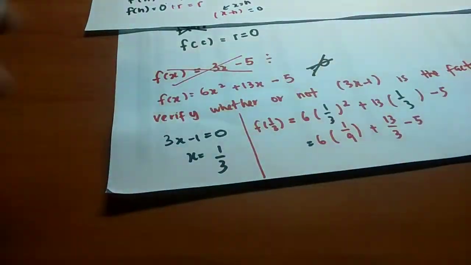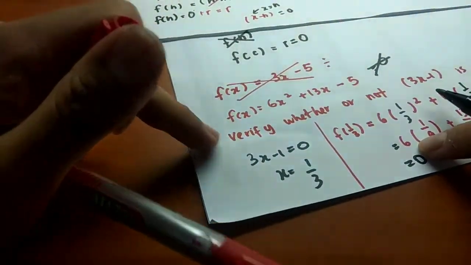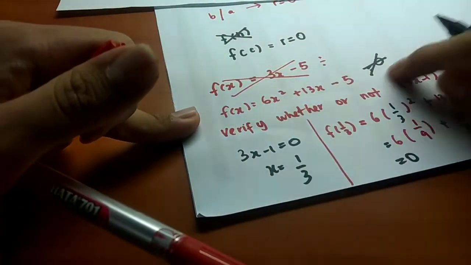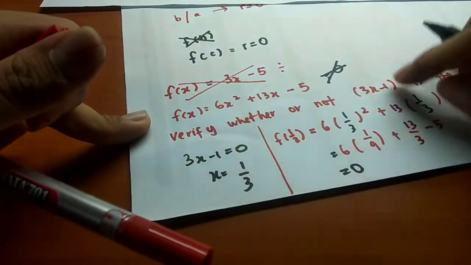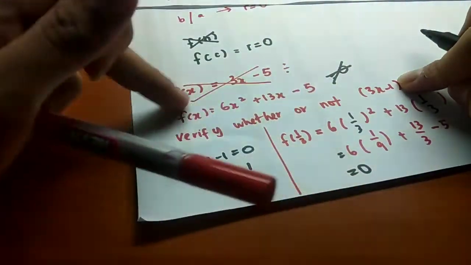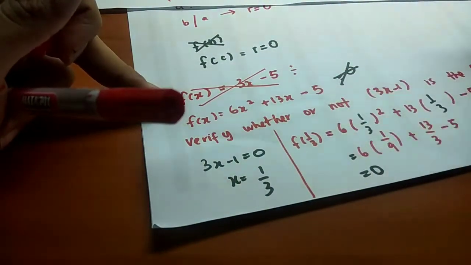Okay, so it is 0. So then if it is 0, then it is the factor. Sorry, 3x minus 1 is the factor for f of x equals to this quadratic function here.